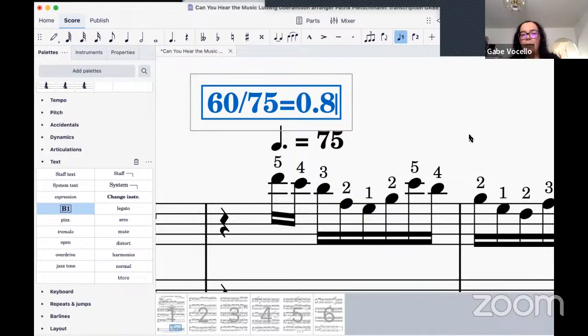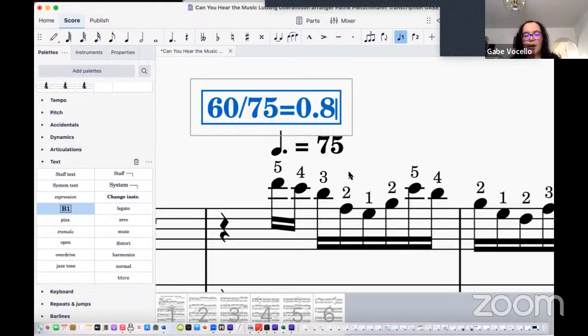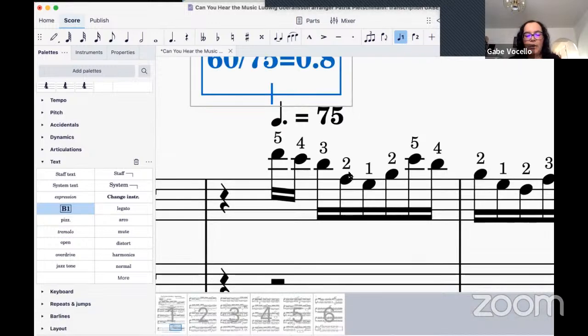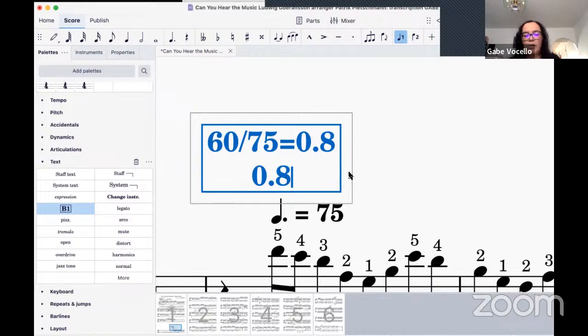So per beat, we have 0.8. So multiplied by 2, because I have 2 beats in each measure, is equal to 1.6.